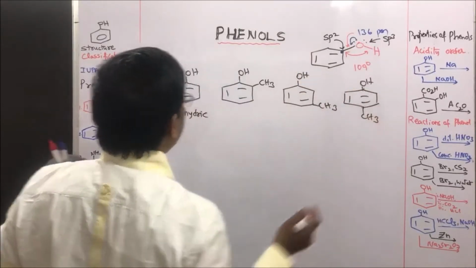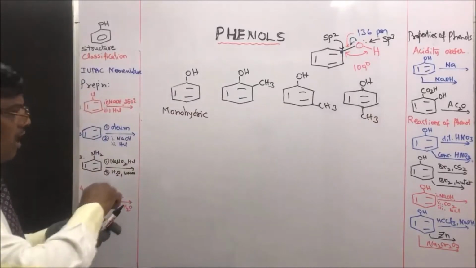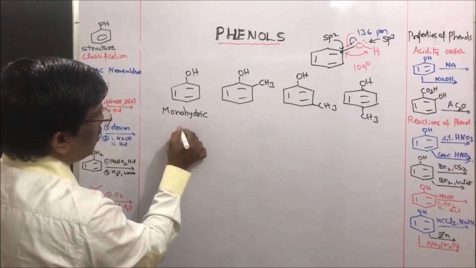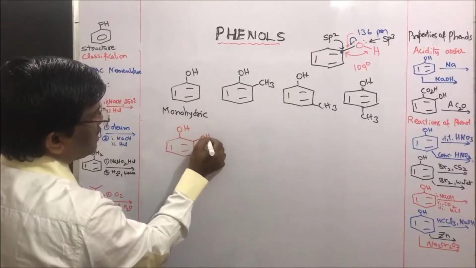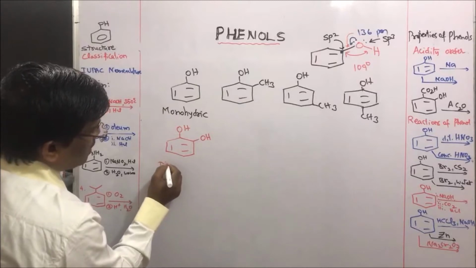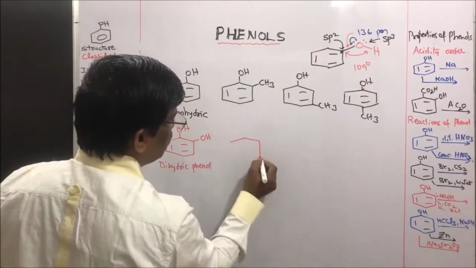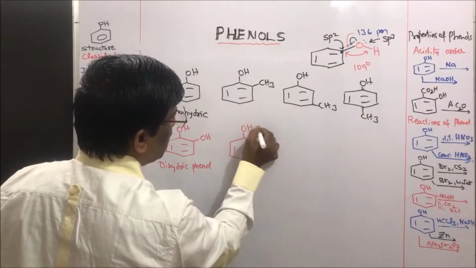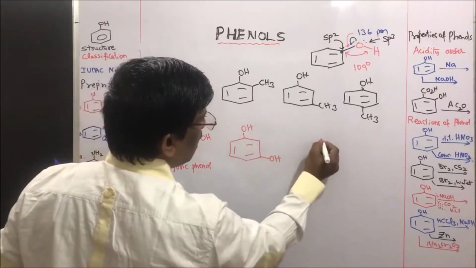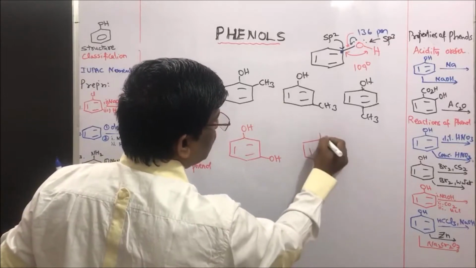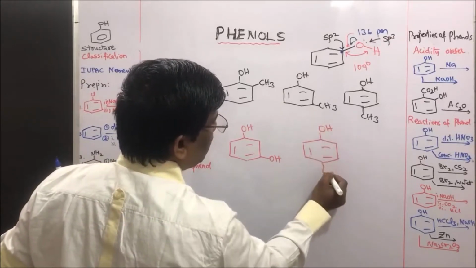When it comes to dihydric phenols or dihydric benzenes, it is having two hydroxy groups. If it is ortho to each other, then this compound is dihydric phenol. Two hydroxy groups can be ortho to each other, meta to each other, or para to each other. Based on their position, the names will differ.